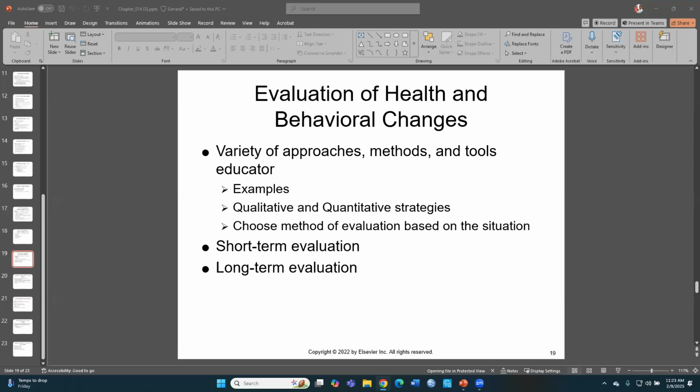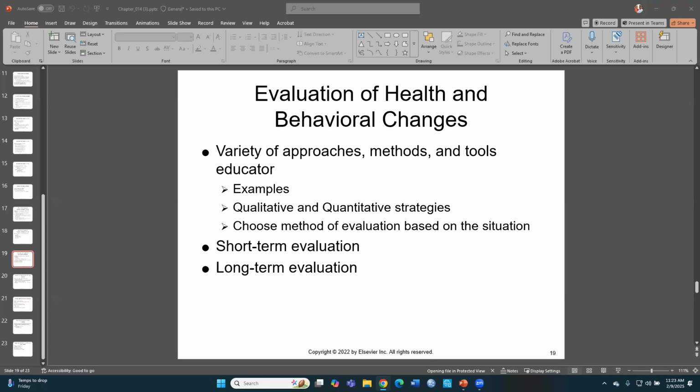Long-term evaluation is a little bit more difficult to do, especially if we're doing community education, but with long-term evaluation, we're looking at the effectiveness of that education program for the community after a period of time. It's kind of like if you're developing short and long-term goals for your patients, right?